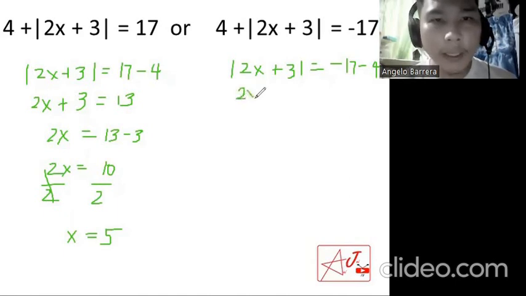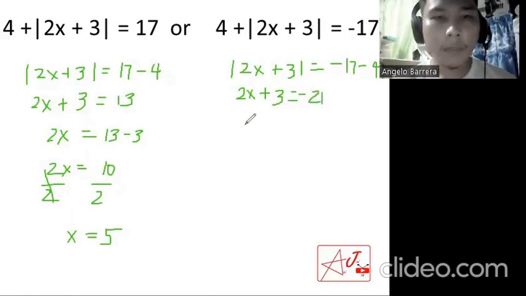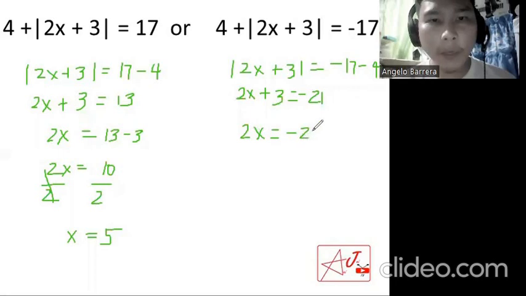So, 2x plus 3 is equal to negative 17. Same sign, that will be addition. So, 21 and then copy yung sign na negative. Okay, may iwan ulit dito si 2x which is equal to negative 21. Opposite ni positive 3 ay negative 3.